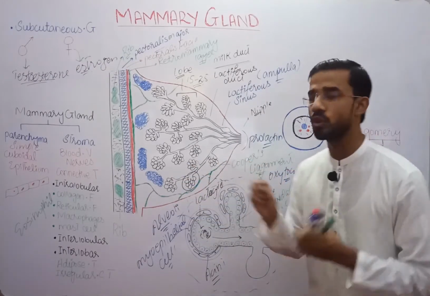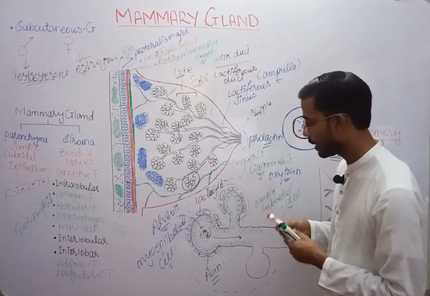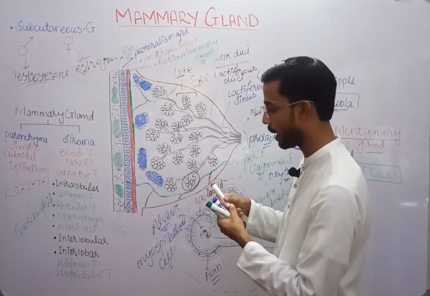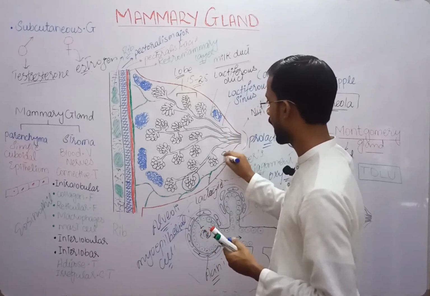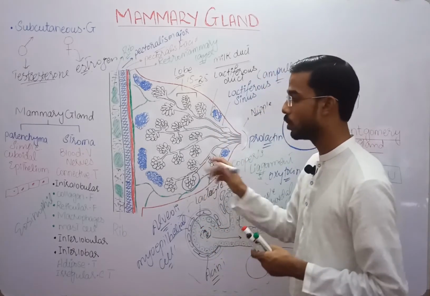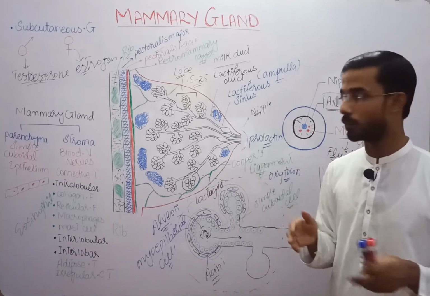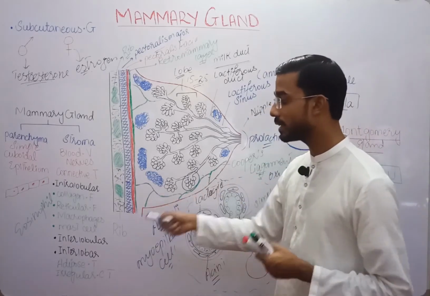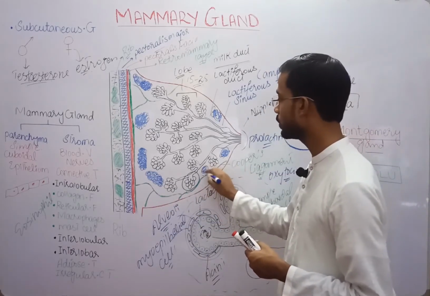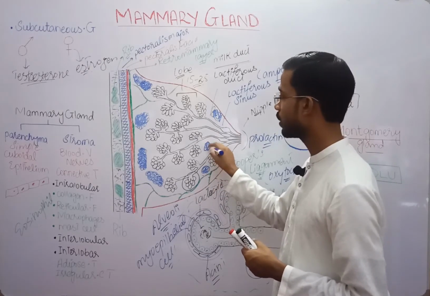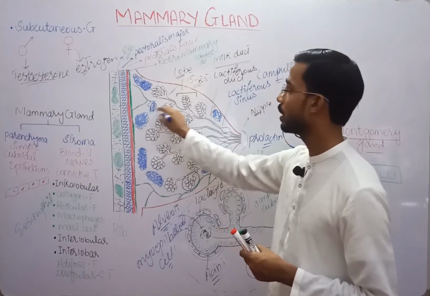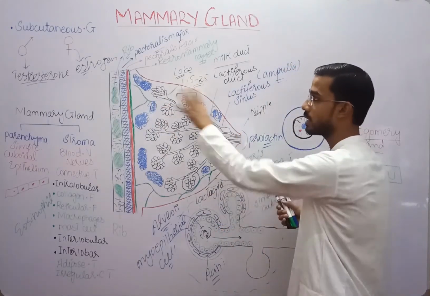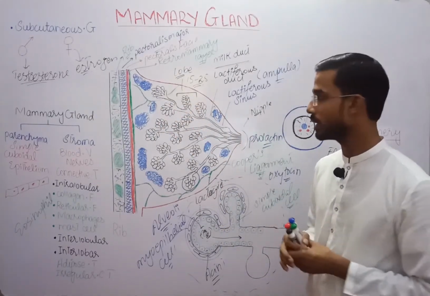Here you can see there is an intralobular tissue between the lobules. Interlobular and interlobar tissues form the majority of the breast, which forms the adipose tissue, and irregular connective tissues are present in the majority of the breast.